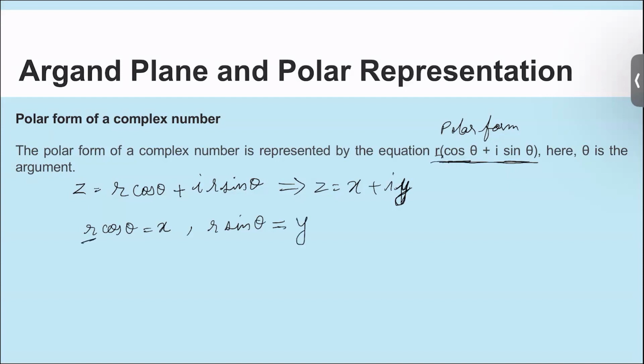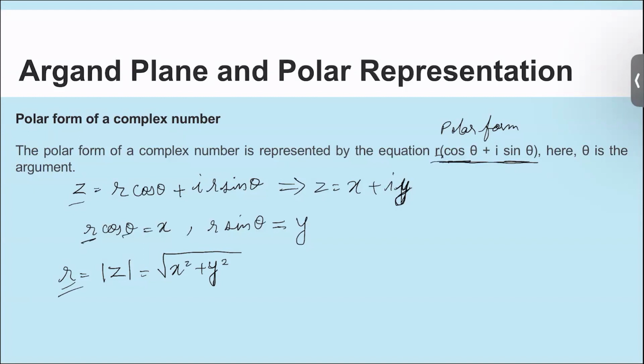Now what is r over here? r is nothing but the magnitude of z, the modulus of the complex number. So again you find the square root of x squared plus y squared. This is your r.